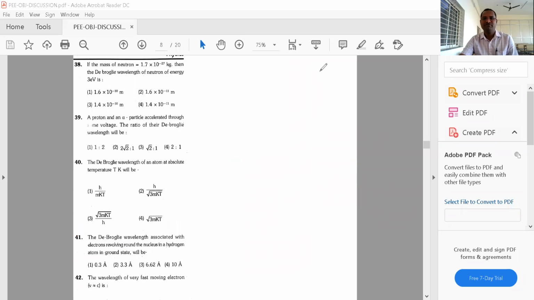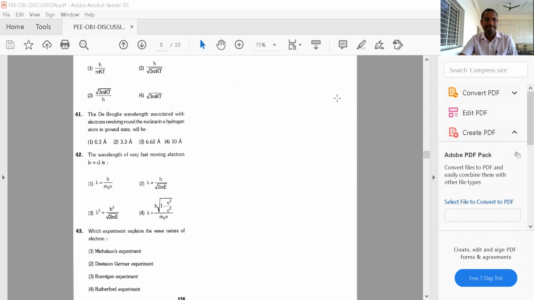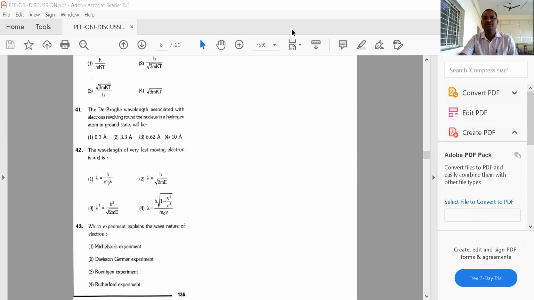Now let us go to question number 42. What have they given? The wavelength of a very fast moving electron. Its velocity is nearly equal to the velocity of light, so you should use relativistic mechanics here.